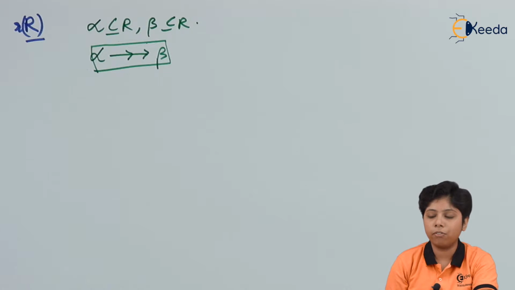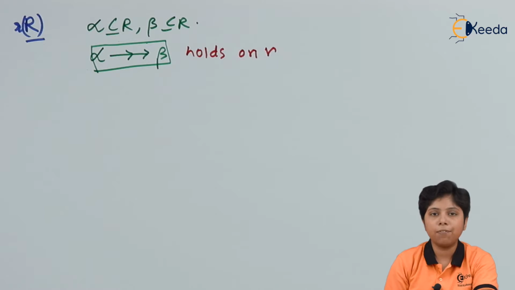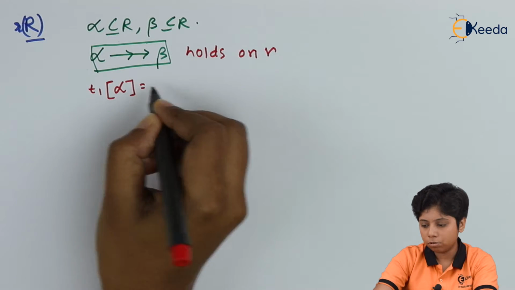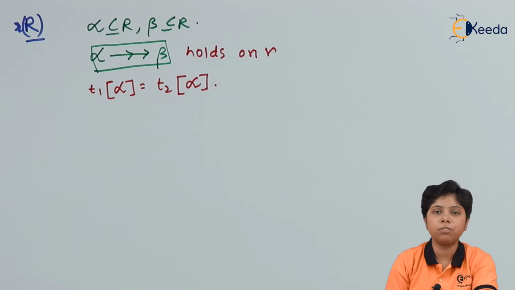Now it holds on a relation R if there exists any tuples such that t1[alpha] equals t2[alpha]. Now we need to satisfy the following tuples.